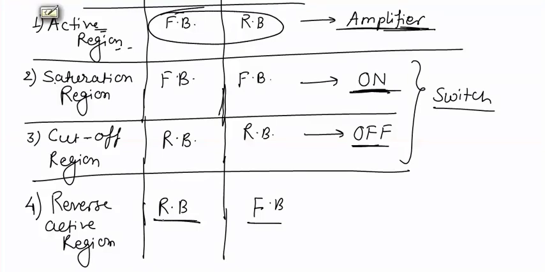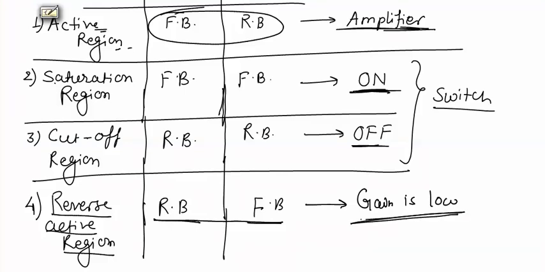And when we reverse the biasing of collector and emitter junction, BJT operates in reverse active region, and when it is used in reverse active region, it cannot be used as an amplifier, means its gain is low. So if we try to operate emitter in place of collector, means if we interchange these two layers of BJT, then BJT cannot be used as an amplifier. It will not provide any gain to the input signal.